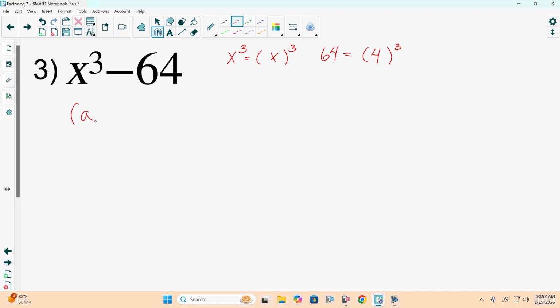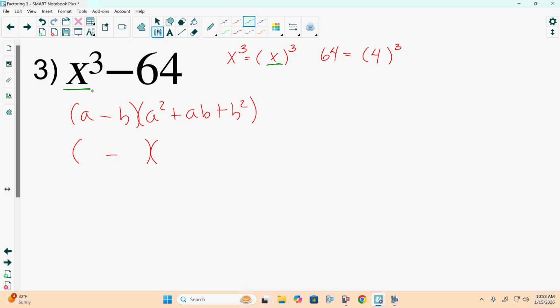So here the general form for the difference of two cubes is a minus b times a squared plus ab plus b squared. And we can start with the a term, because the a term is going to be the number or term that times itself 3 times is x cubed, which in our case is x.